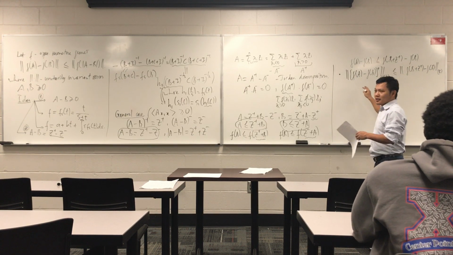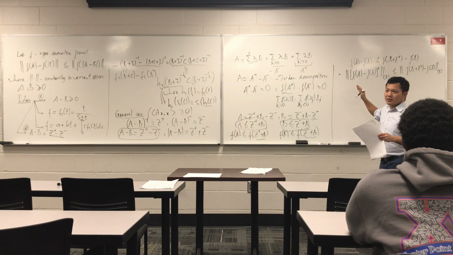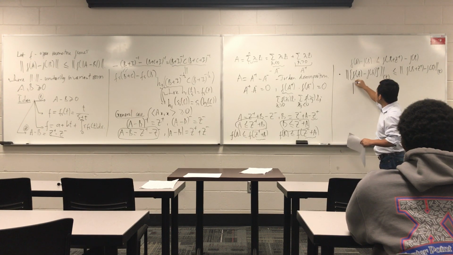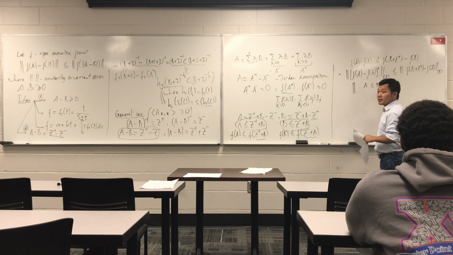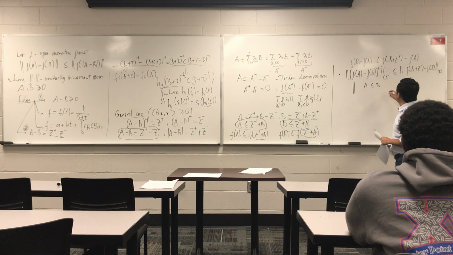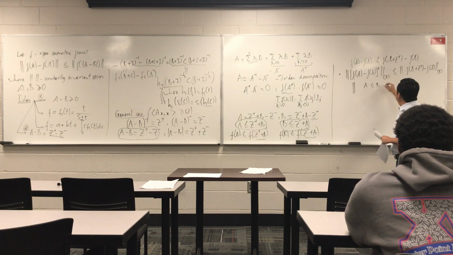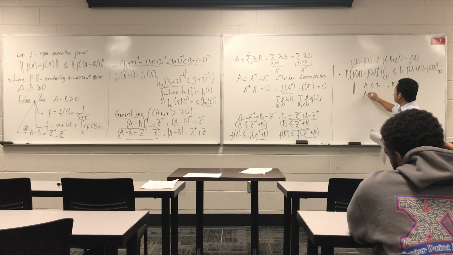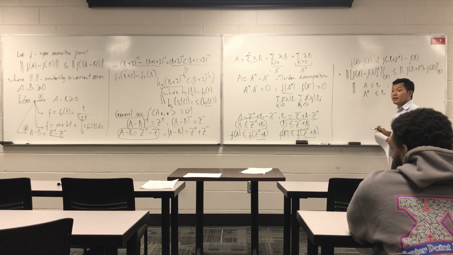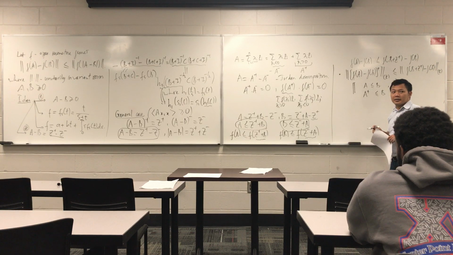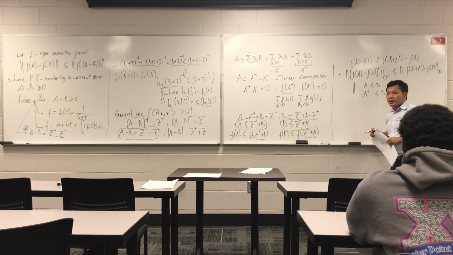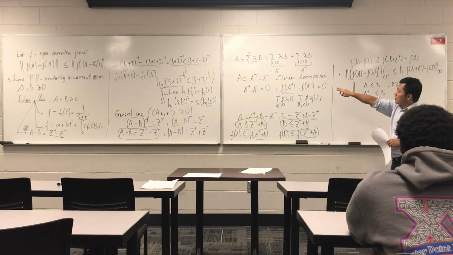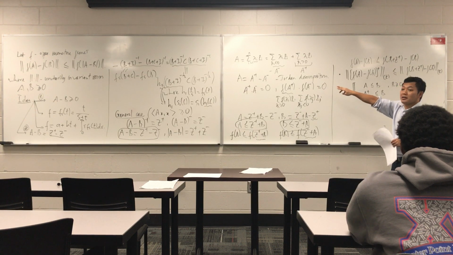Yeah, this is some kind of lemma: if you have, let's say, A less than or equal to B, and B is greater than or equal to 0, then from here, A plus is less than or equal to B. And that makes sense, because if A is Hermitian, you can represent A as A plus minus A minus.